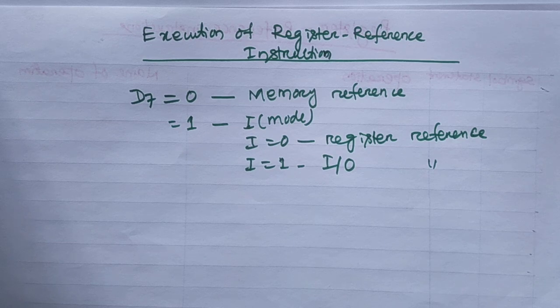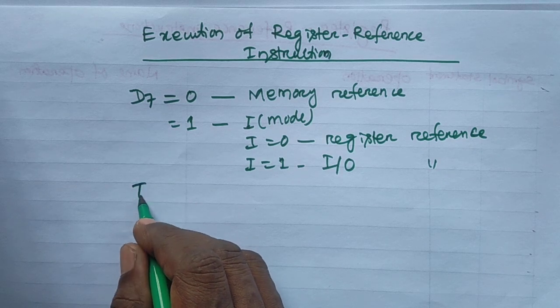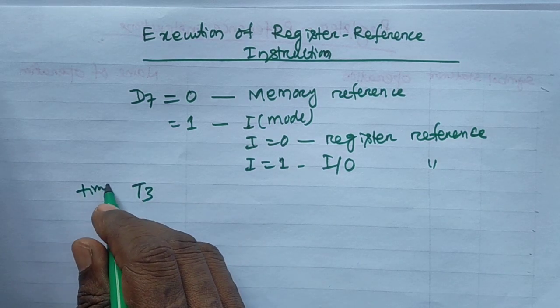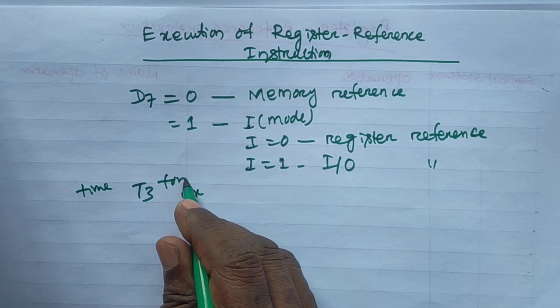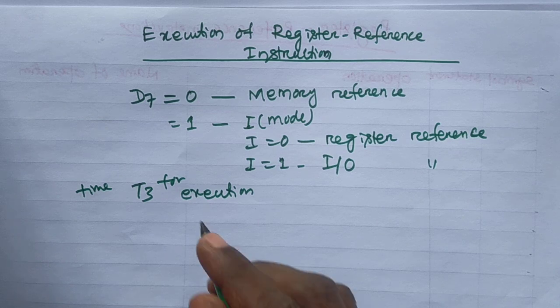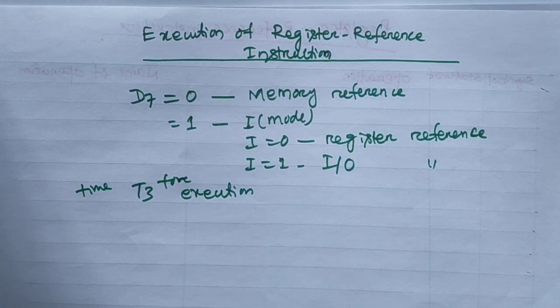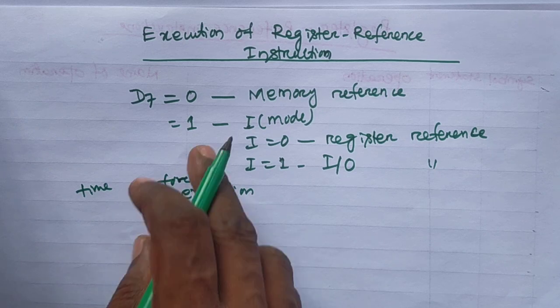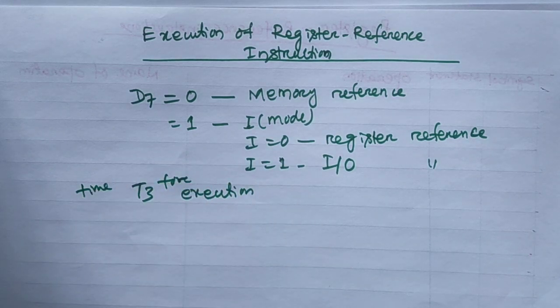Like this we create the different phases of the instruction, and lastly we get the execution, so the time slots define at what time it will execute. Here the execution happens at time T3, and from this we can design the statement for the register reference instruction.